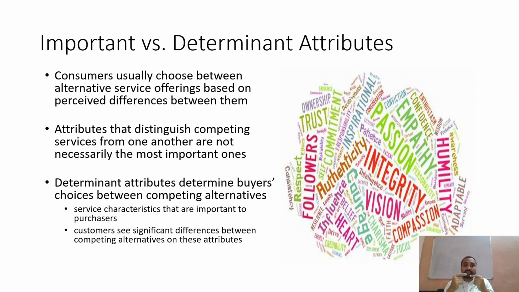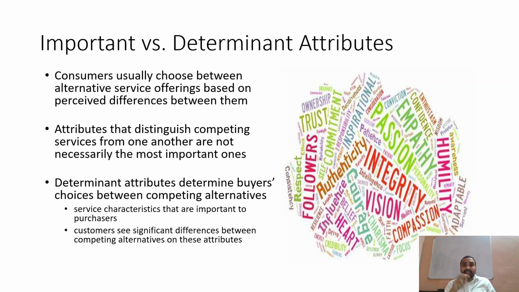And most often, surprisingly, you would see that the attributes that distinguish competing services from one another are not necessarily the important ones. They are usually the determinant ones. Important ones, try to understand: number one, they are more or less the same provided by any competitor. Number two, the important attributes are always the same for any segment.